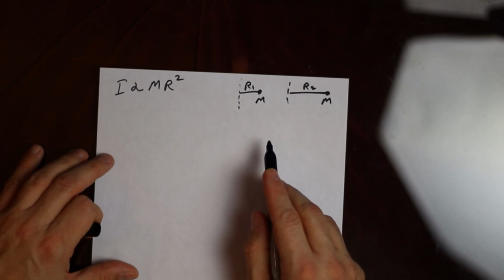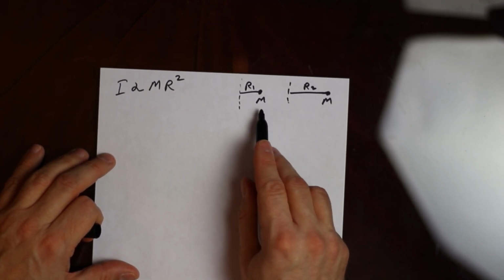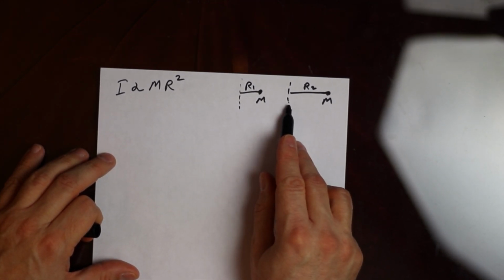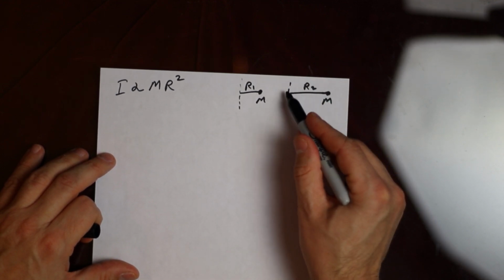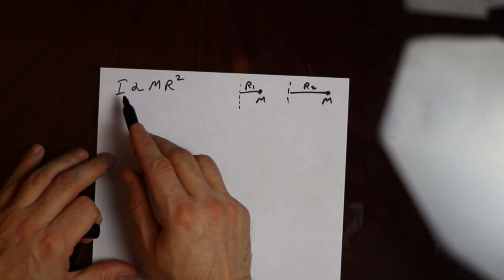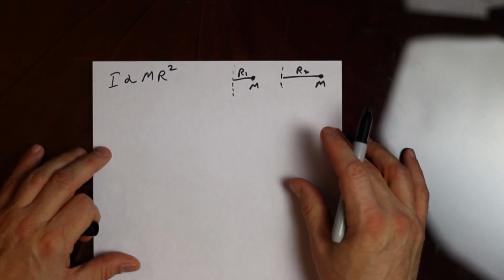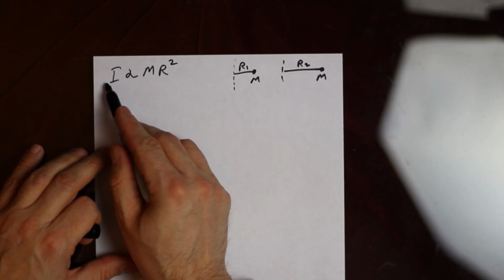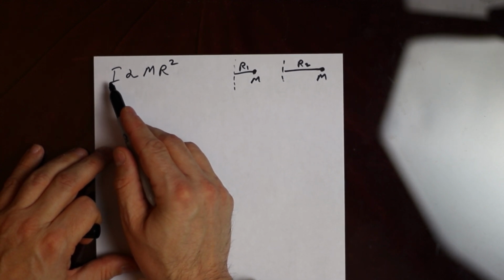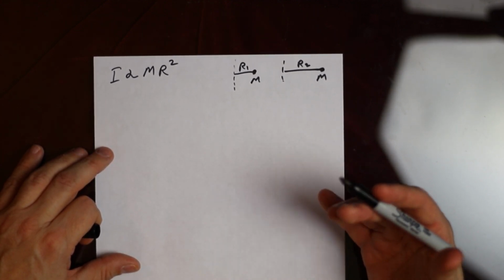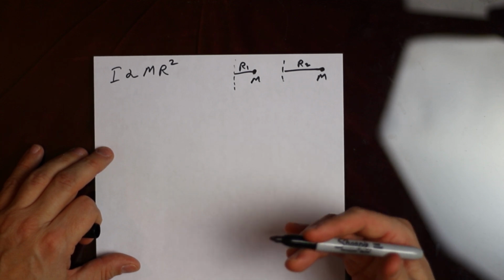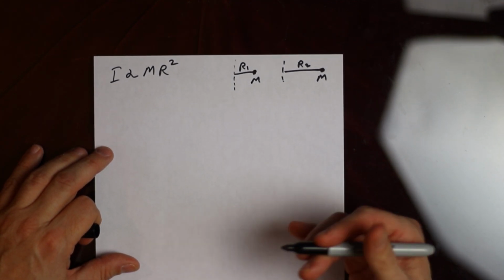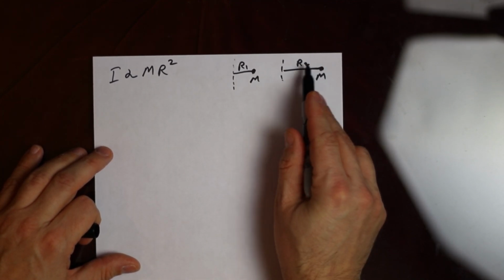Even though this object has the same mass, if we're spinning about this axis, the dotted line, this one on the right has a bigger moment of inertia. Or you might want to think of it as rotational mass, because this moment of inertia, this I, is our stand-in for mass when we rewrite the equations for things in terms of rotating bodies. All right, so this one has more, this one has less.